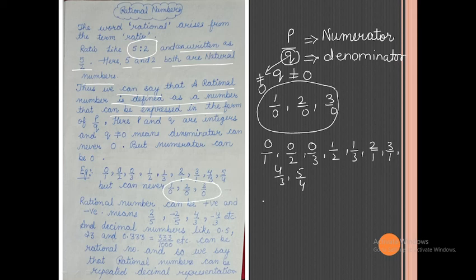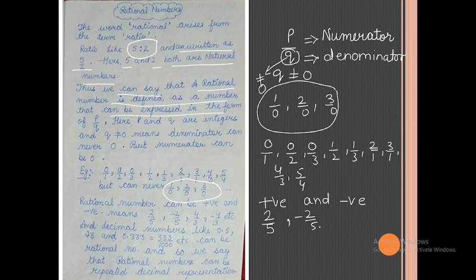Rational numbers can be positive, can be negative, but not denominator 0. So we can write 2 by 5 as a rational number, minus 2 by 5 as a rational number.